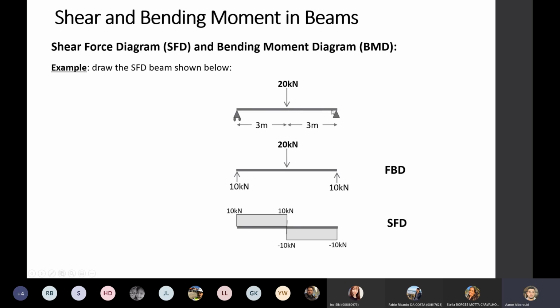At any point from B to C, it will be negative 10 kilonewton. Positive or negative doesn't matter, it's just a direction. Both are affecting the beam equally. Is it from right to left or left to right? That's all it is.